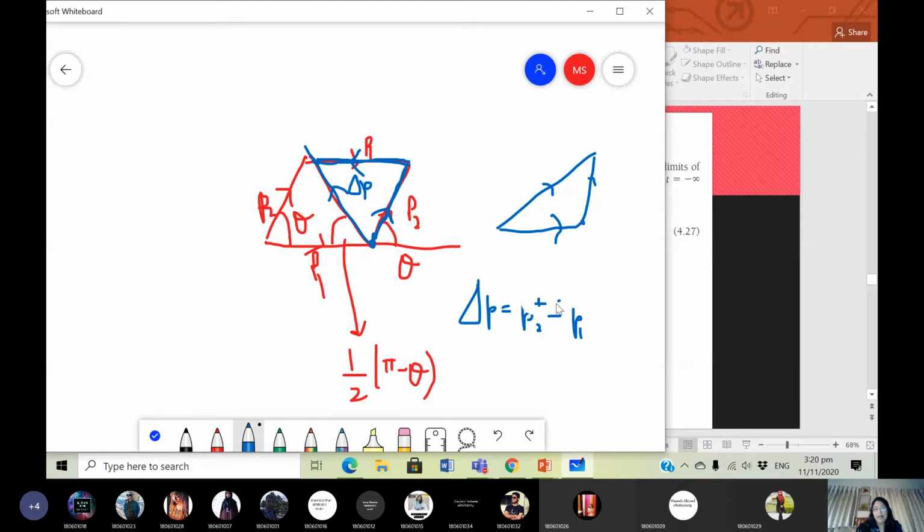Plus minus P1. This is how we do it, okay? So we flip this P1 to the other side and it becomes minus P1. When we flip it to the other side, and then we take the tail of one and connect it to the head of the other one, then we get delta P. Make sense? Yes?